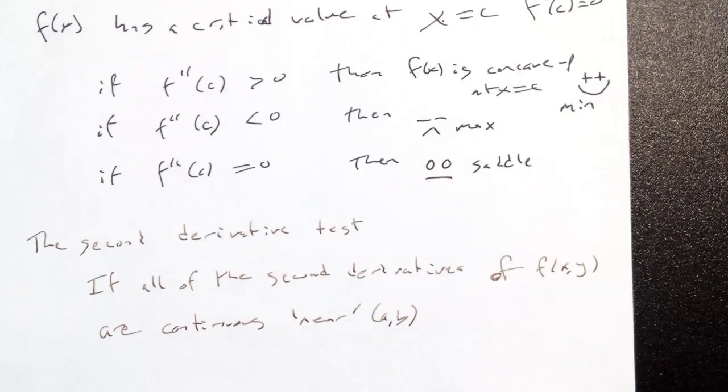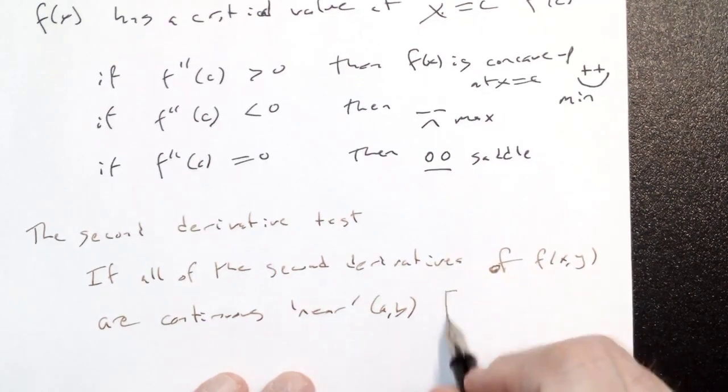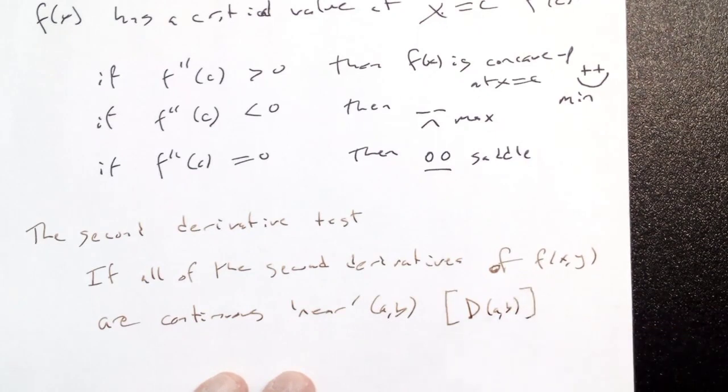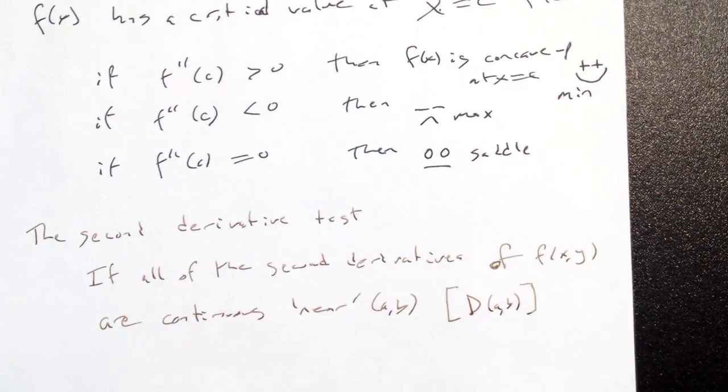I'm going to use that same near idea. Because I'm going to use this so often, I'm going to introduce a new term. I'm going to introduce D_AB. D means disk. I want you to think of a disk whose center is AB. When I specify the radius, I'll put the radius as a subscript.